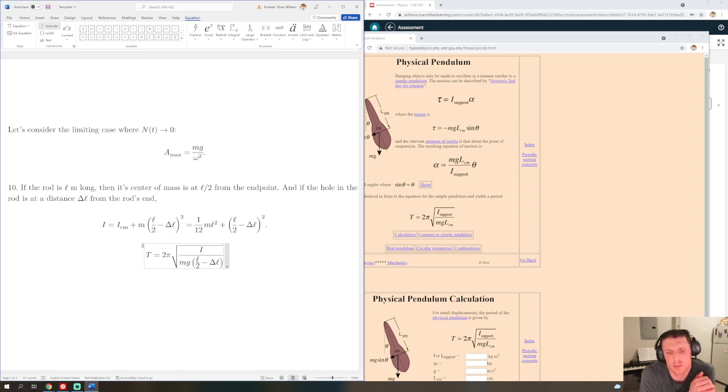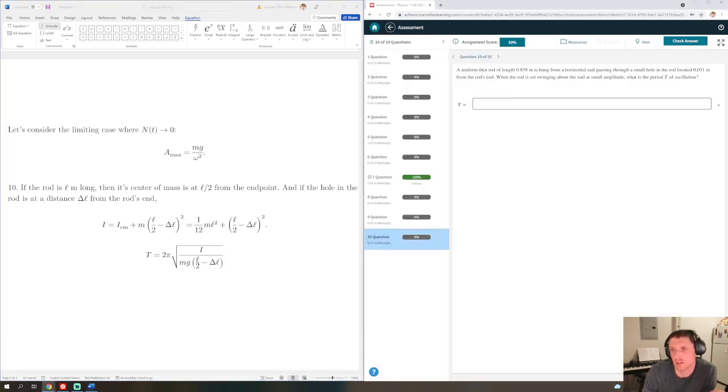Is this making sense? I know this is kind of me just rambling, but are people understanding what's going on here? Delta L is the length that they give you that isn't the length of the rod.